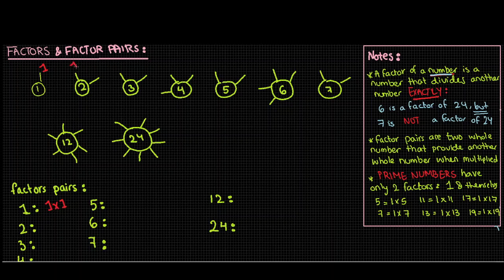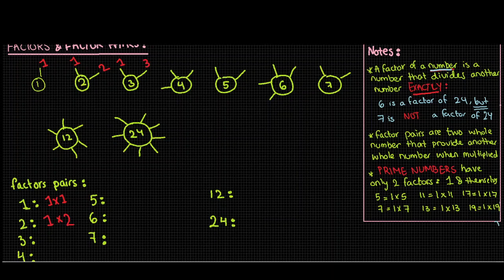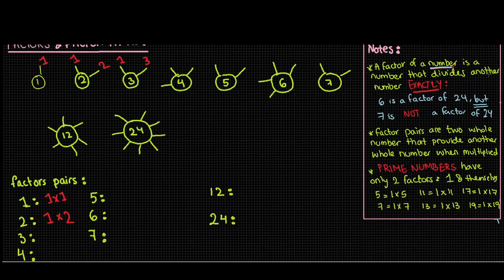For 2, it will be 1 and 2, because no other multiplication of whole numbers will give us 2 except 1 times 2. The same is true for 3: the factors are 1 and 3, because multiplying them together will only give us 3 and no other combination will give us 3.